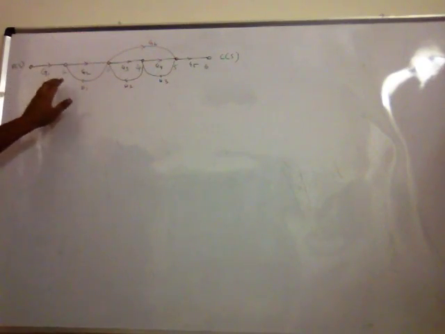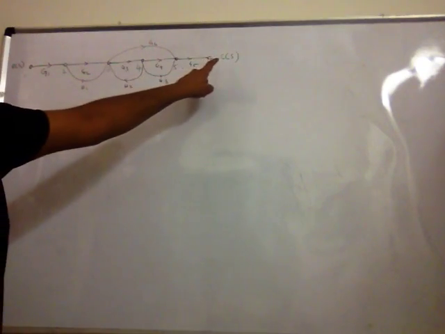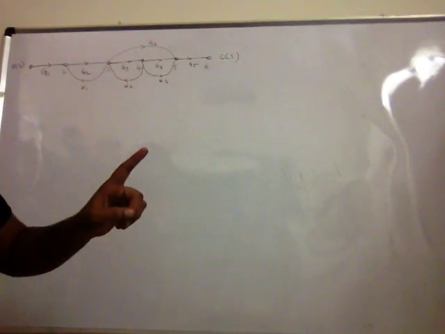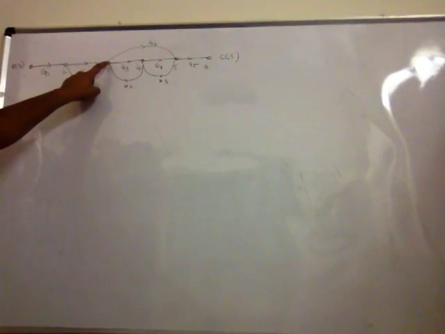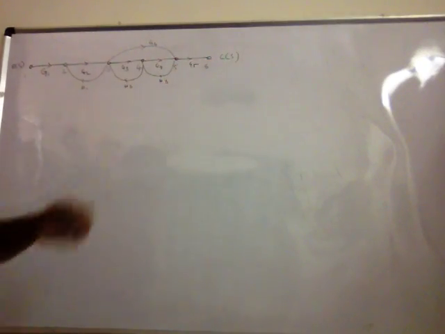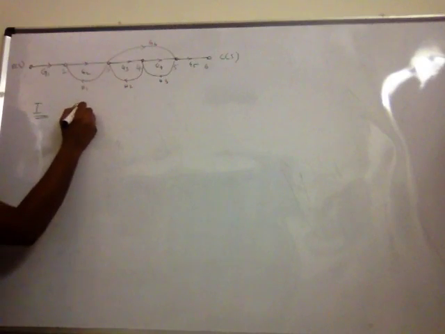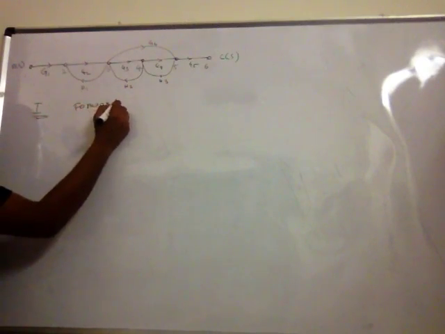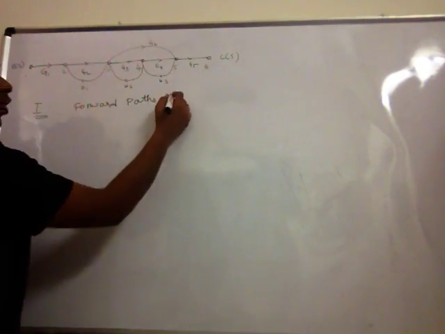If you observe clearly, you can go in the complete straight path, which is path 1, or you can choose another path which goes till here, and this, like this. So the number of forward paths, our step 1, is 2 forward paths.